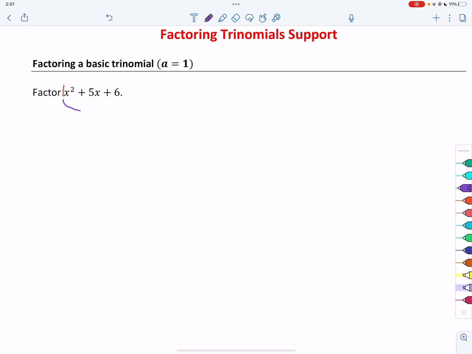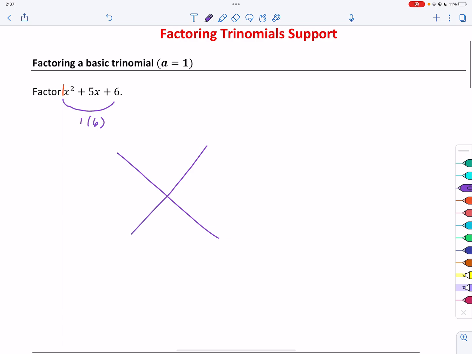What we'll do is we'll multiply a times c, which is a 1 times a 6. We'll make this x, and we'll place that at the top of this x. Then we will place b, which is 5, in the lower part.